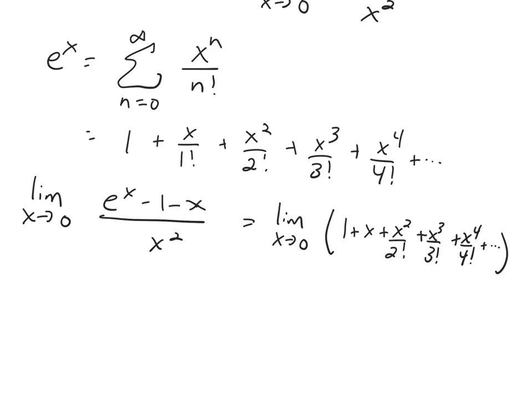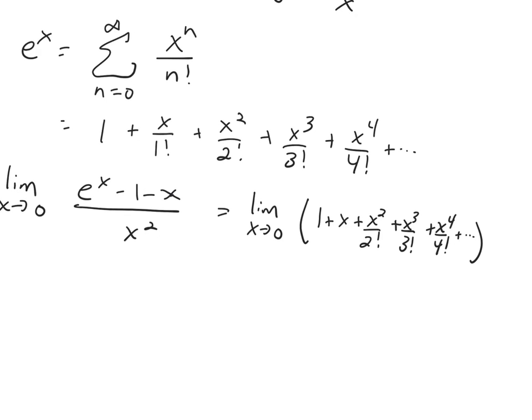I'm running out of room here, I have to shift it over a little. Minus 1 minus x over x squared.